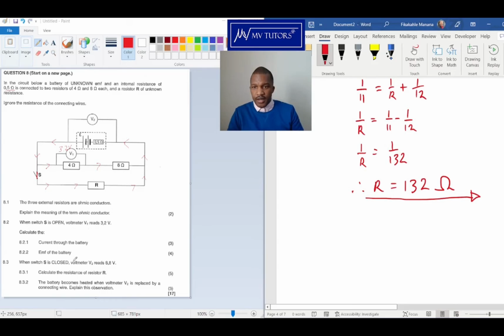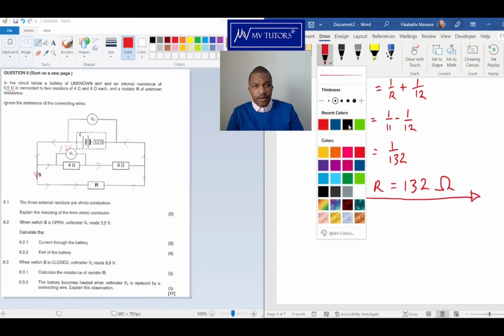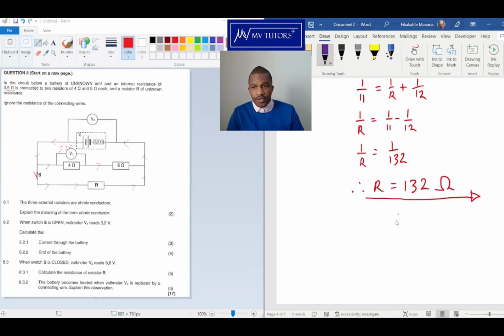Cool. Now this is question, let's go purple, question 8.3.2. It says the battery becomes heated when voltmeter V2, over there, is replaced by connecting a wire. Explain this observation. So we connect a wire over there.